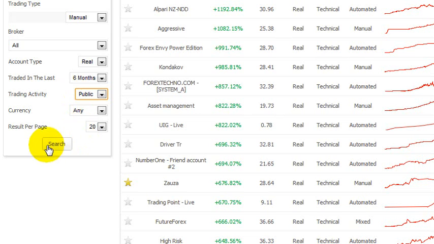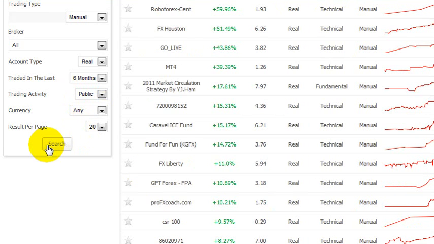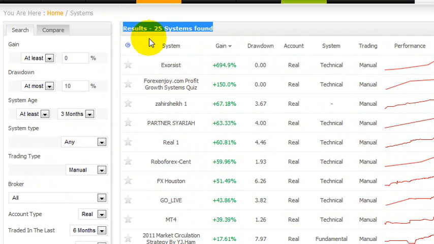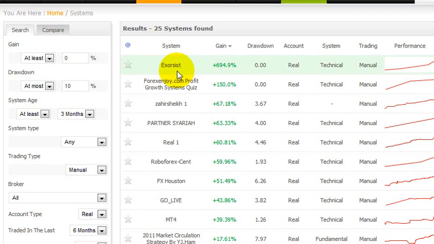Currency, any, results per page. We're going to hit search. Now if you notice, we just filtered down over 700 systems down to 25. Putting these simple parameters in, we only have 25 systems left. 25 systems that pass this reasonable test on the left hand side in our parameters.